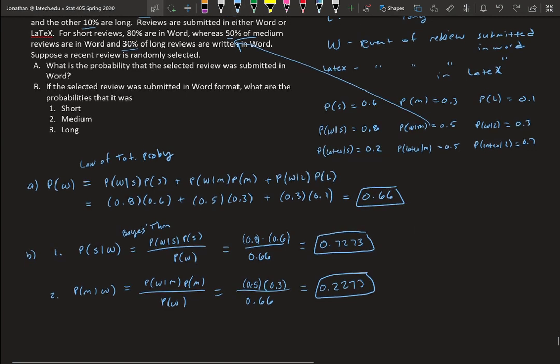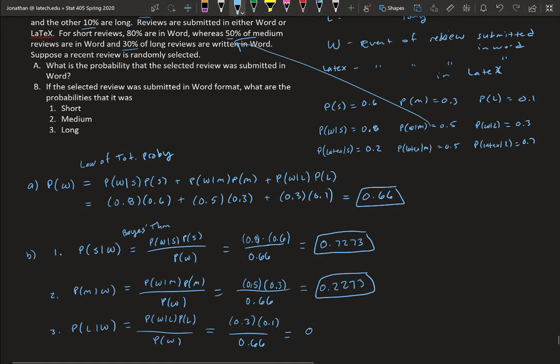And then the last one says find the probability of long given that it's a Word document. Well, it actually should just be 1 minus these two, of course. But we'll go ahead and calculate just to make sure that we get the right number. It should be probability of Word given long times probability of long over probability of Word, which is 0.3 times 0.1 over 0.66.